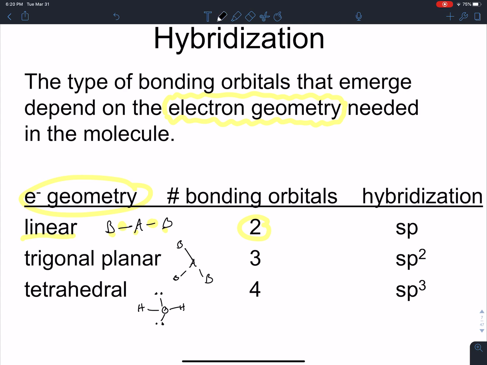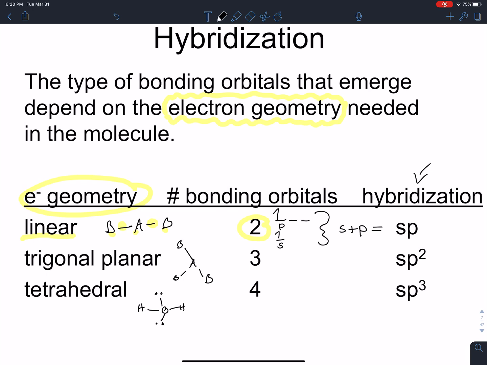Well, according to Linus Pauling, if we had 1 in a p orbital before, and 1 in an s orbital before, then those 2 will combine, the s and the p, and form an sp orbital.